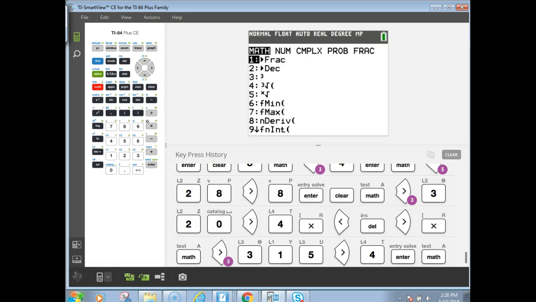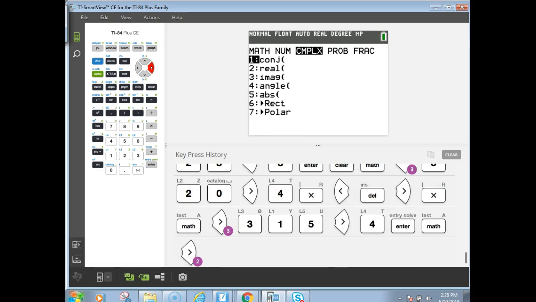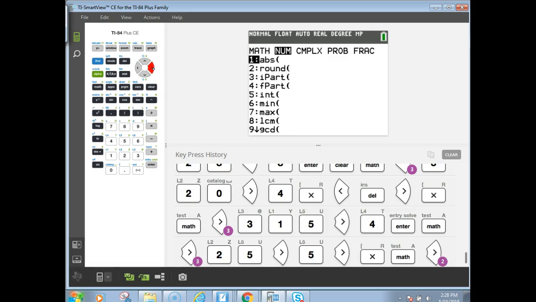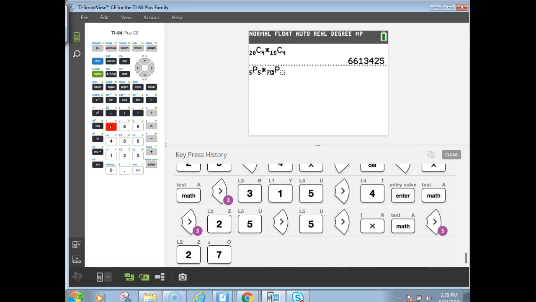You can go to math probability, 2. Put in 5 and 5, and then we'll have to arrow out of there, hit times. Now we'll put in 7, P7. If I can find math. And it's pretty big. 604,800.